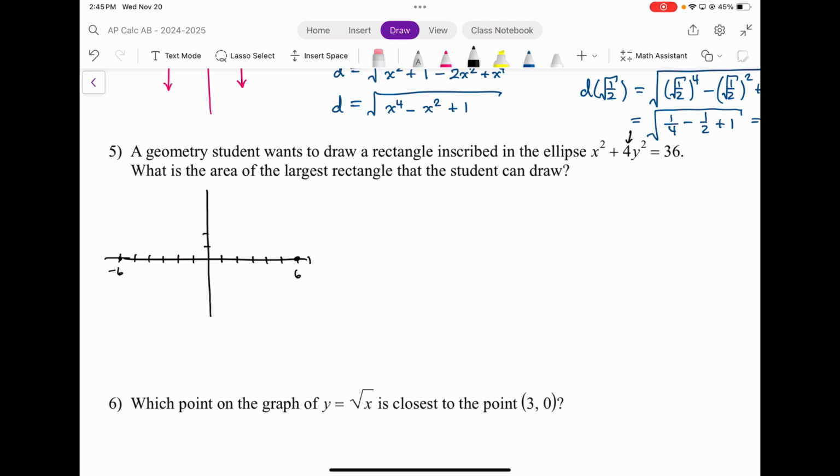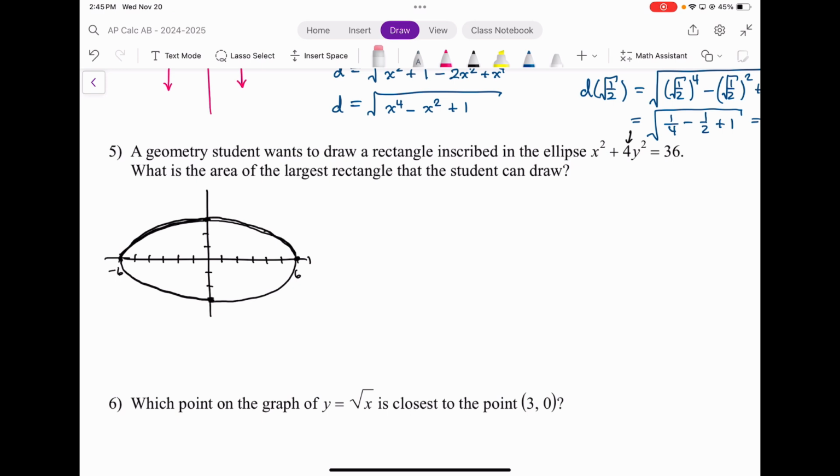And then it's going to go up to 3. 1, 2, 3. Okay, something like this. I'm hoping you know what an ellipse is. I'm sure you do, or at least you learned it at some point. All right, there we go. That's good enough.